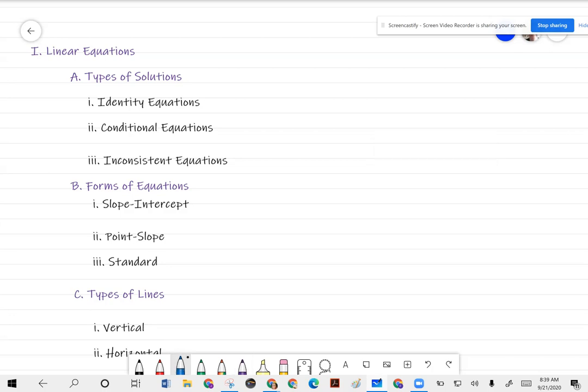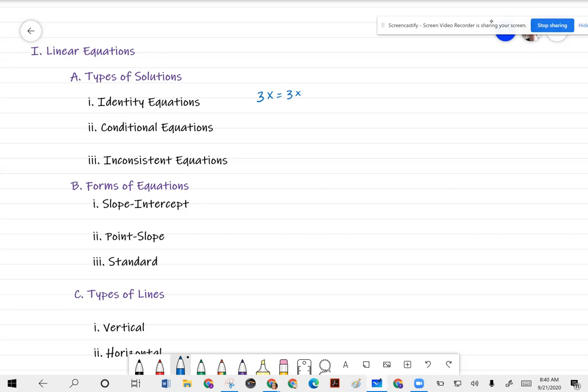Let's say we have an equation and we are solving for x or solving for a variable. It doesn't always have to be x, but one of three things can happen. One of those is when you get a solution like maybe 3x is equal to 3x. So the left side is equal to the right side, and you kind of get stuck here because you're not used to getting something like that.